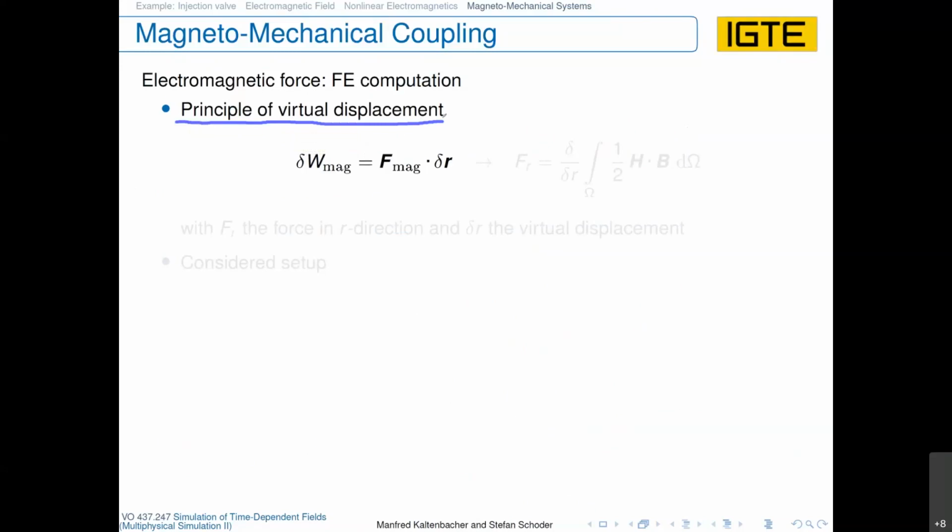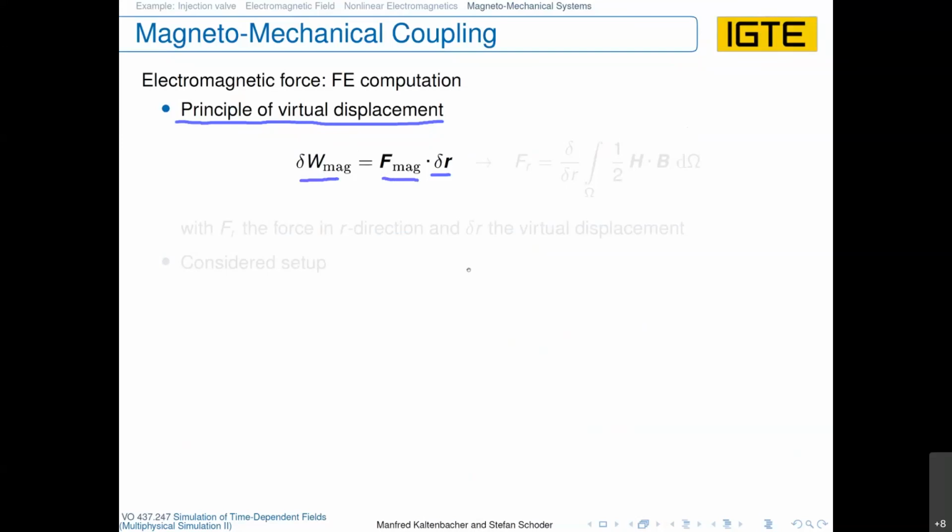This is a principle coming from mechanics, and it tells us that if we have a virtual displacement, then the change in energy is given by the force acting on the body in the direction of the virtual displacement. In our case, we have to compute the magnetic energy.